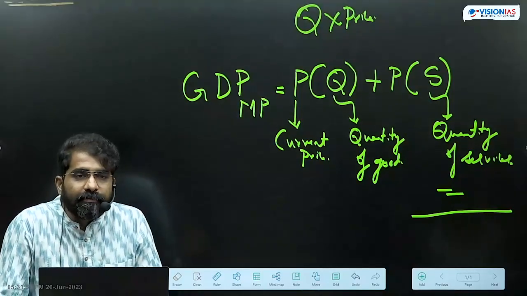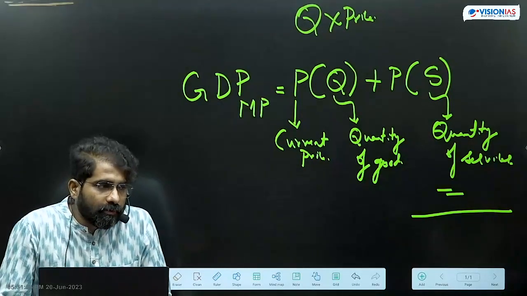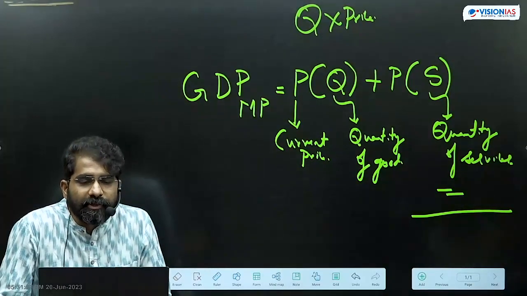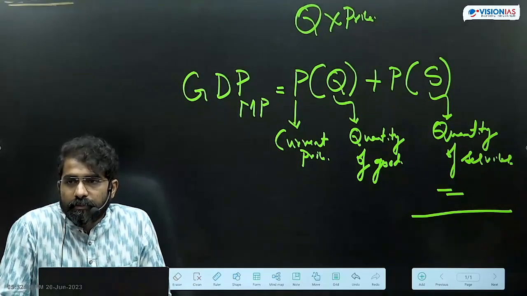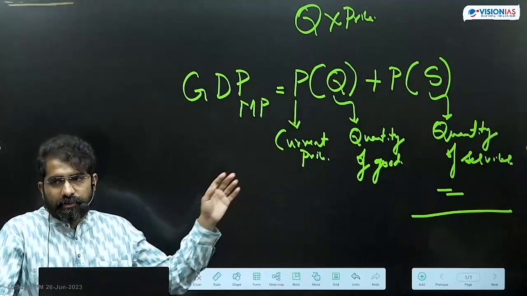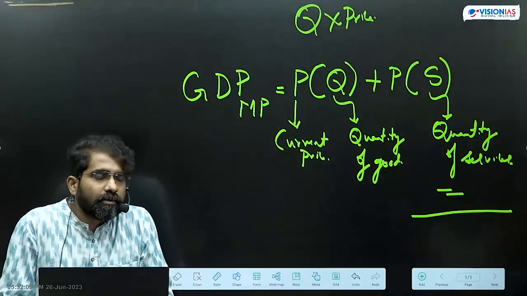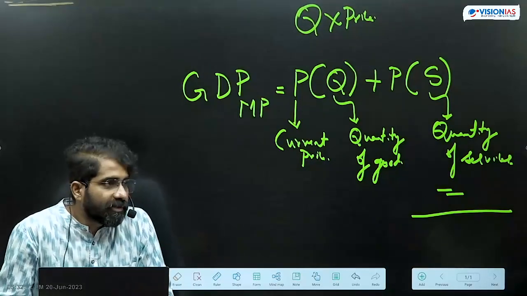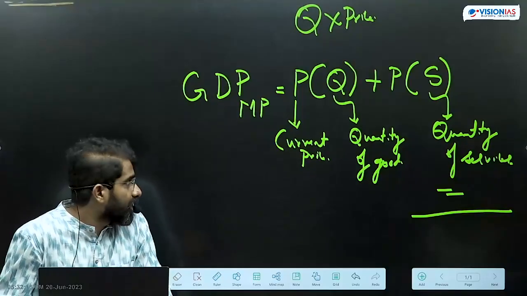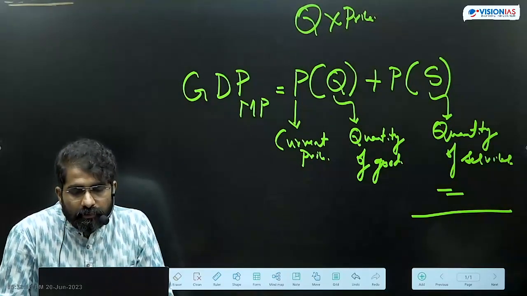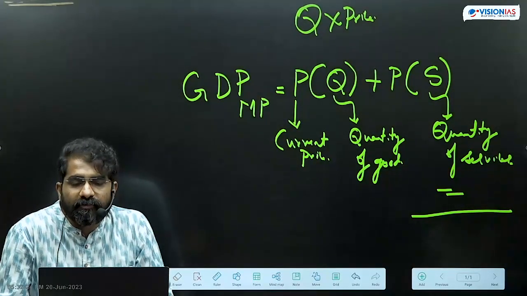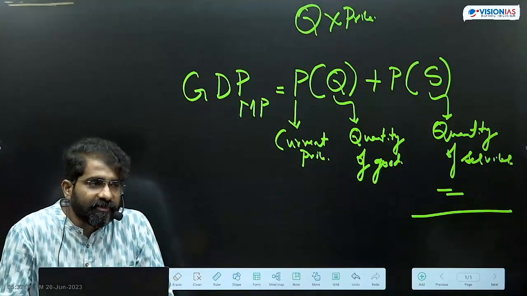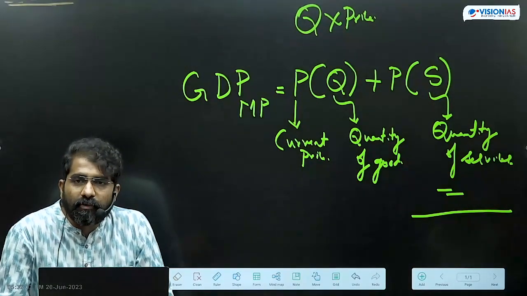GDP at market price is equal to P into Q plus P into S. P is the market price, Q is the quantity of goods, and S is the quantity of services.